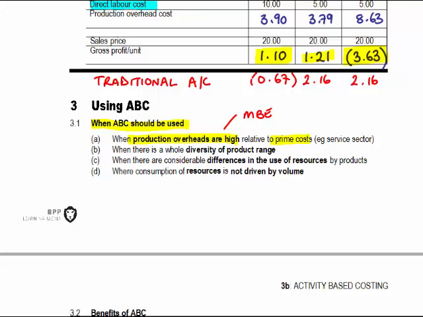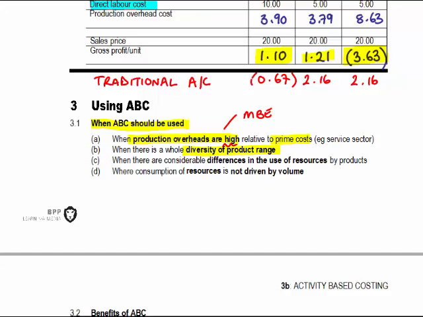Years ago, the prime cost was the main element of the overall cost, so it didn't really matter too much how we allocated our overheads because it was a very small part of the overall cost. So now we do need to think much more about how we do it because production overheads are much higher, so it matters more.